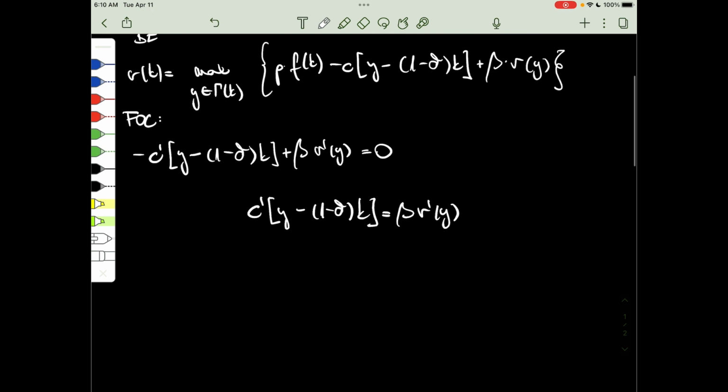Okay, and the task here is to say something intelligent about the policy function, which is responsible for setting next period capital stock to the optimum level.